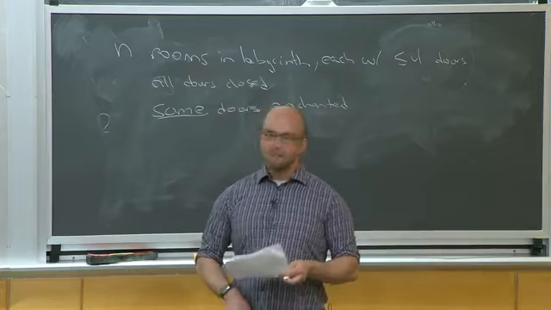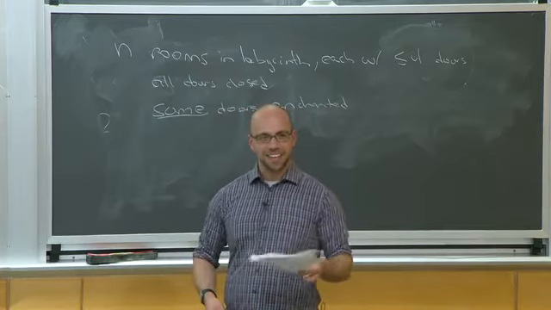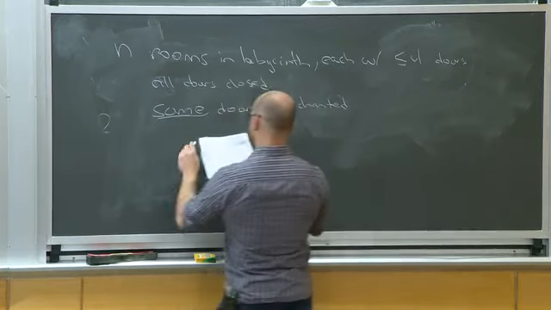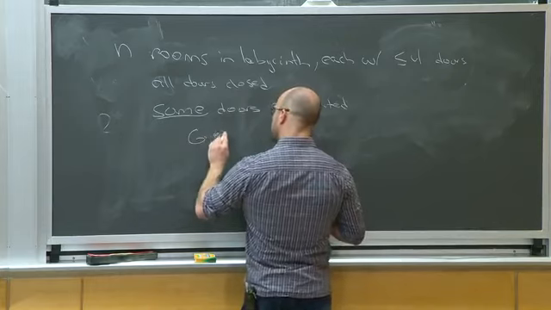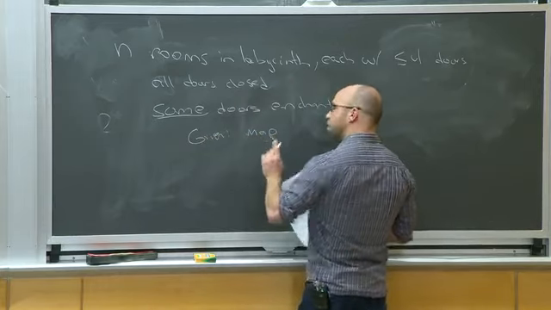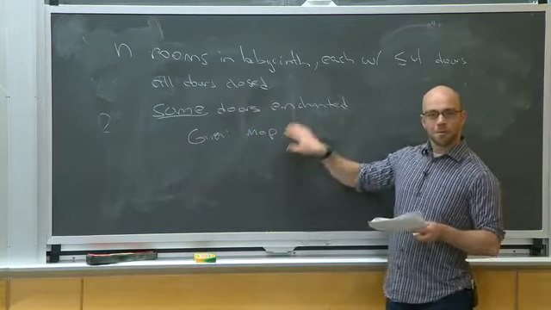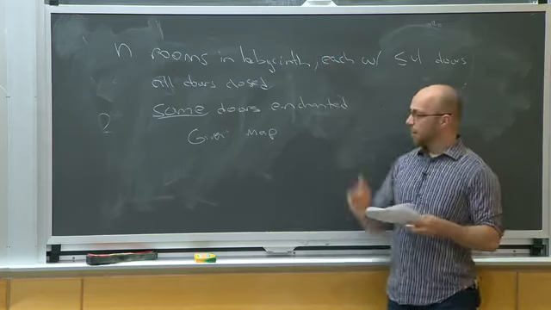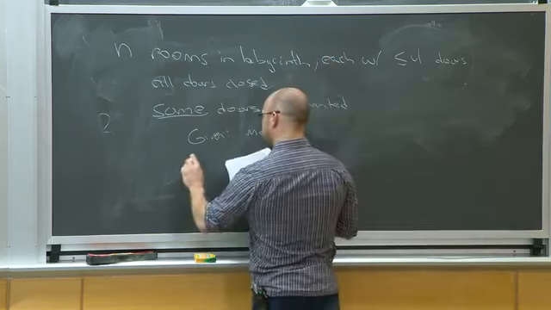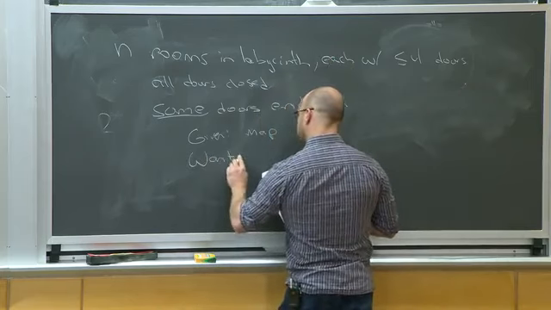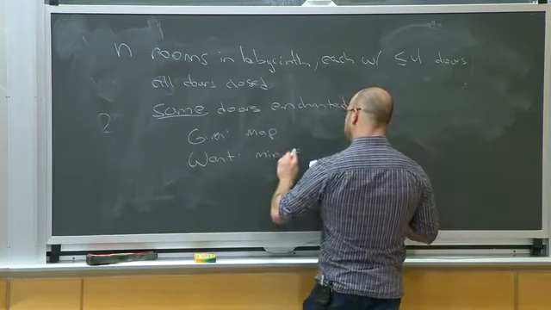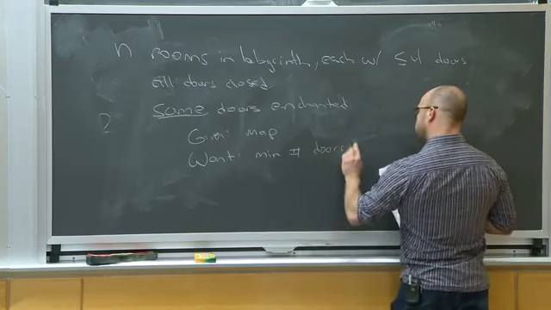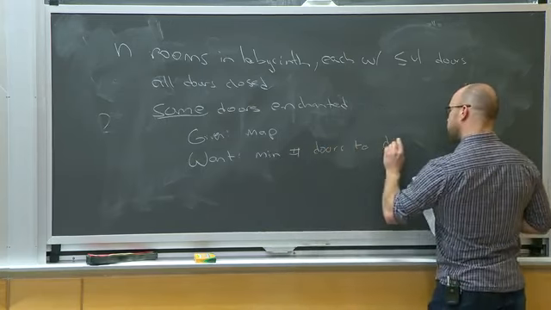But that costs them materials and heartache, and so we want to minimize that. What they're given is basically a map, which includes all of the different rooms, how they're connected to one another, and which of the doors are enchanted. And what I want is the minimum number of doors that they have to disenchant.